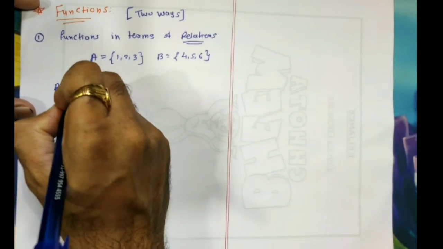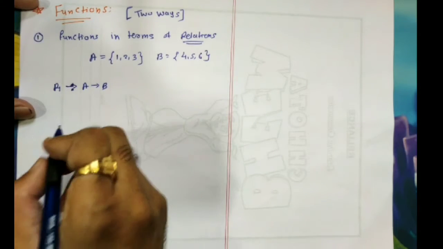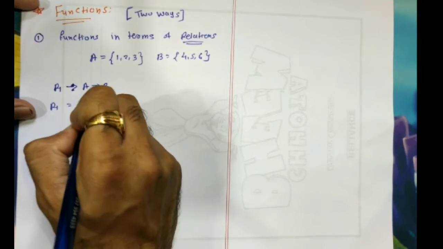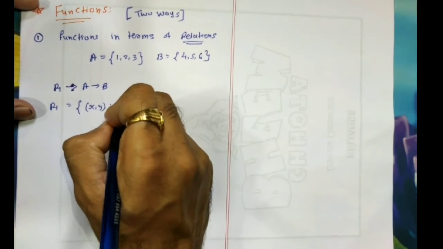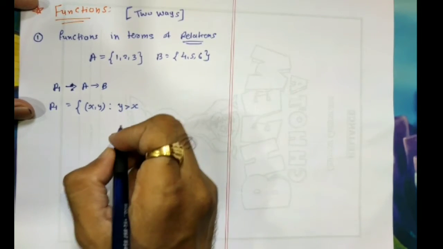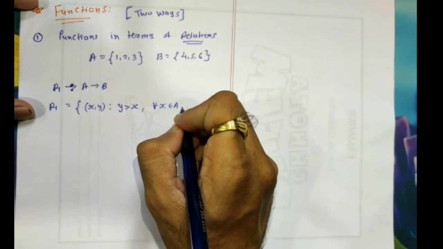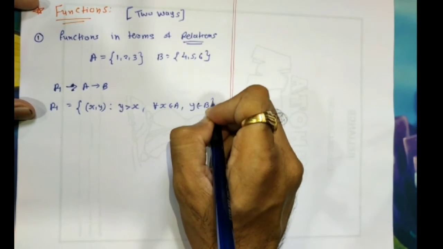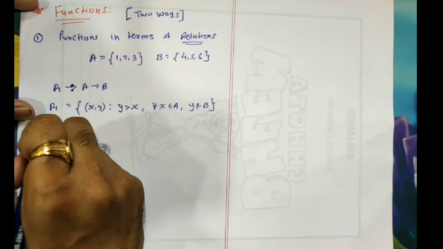Relation R1 from set A to set B that you have defined was the set of ordered pairs (x, y) where y is greater than x, with the condition that every x belongs to set A and every y, the second element of the ordered pair, belongs to set B. That is the description of relation R1.